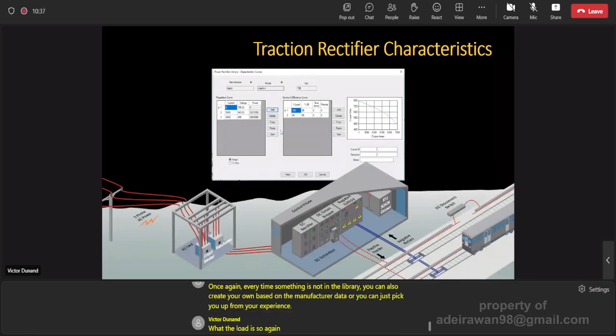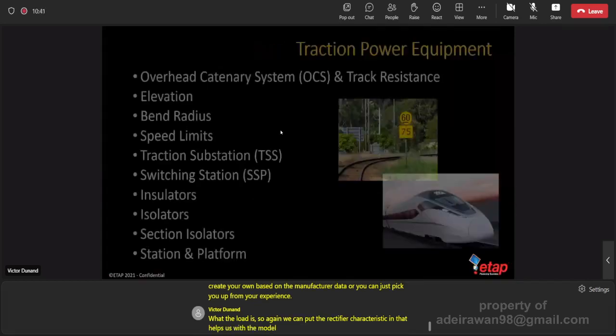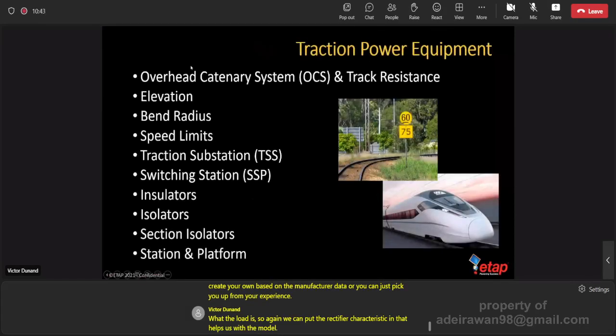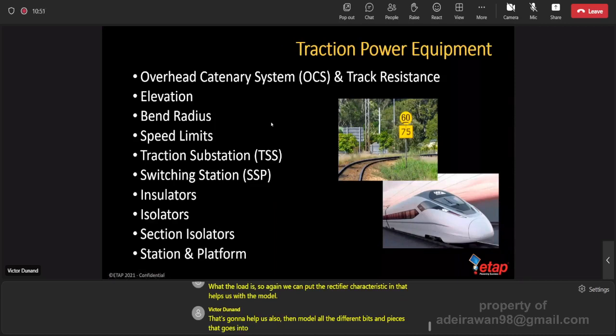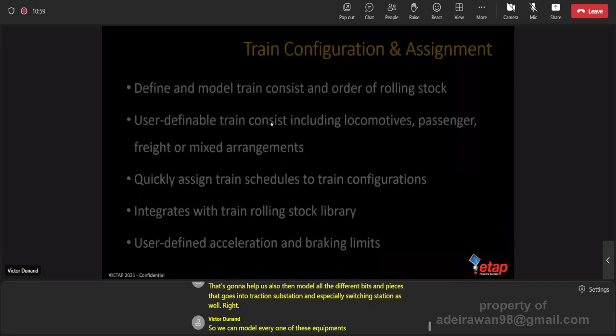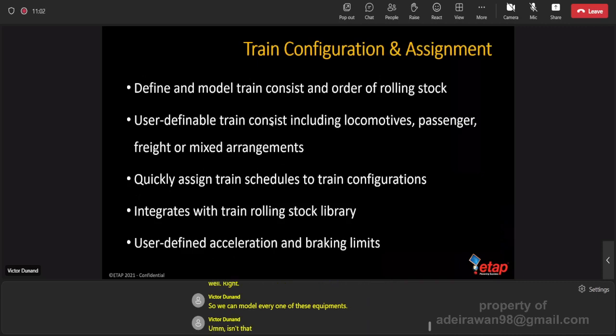So again, we can put the rectifier characteristic in, and that helps us with the model. That's going to help us then model all the different bits and pieces that go into a traction substation and the switching station as well. Right. So we can model every one of these equipments based on that.